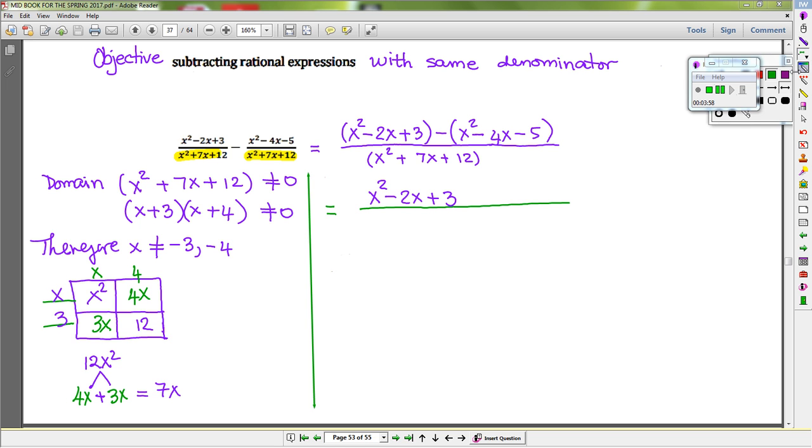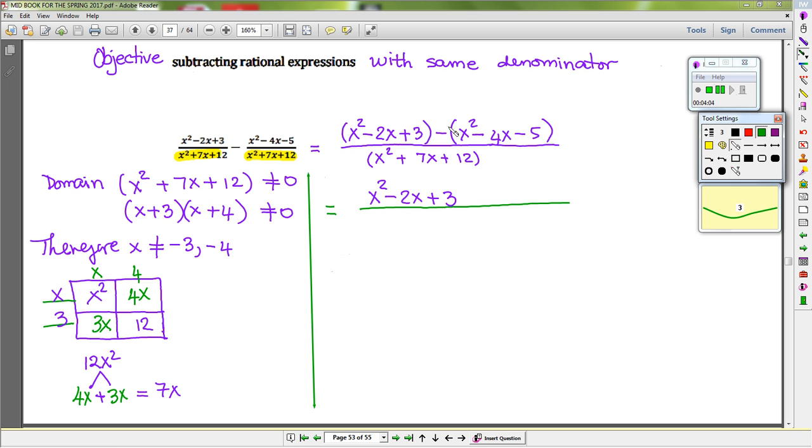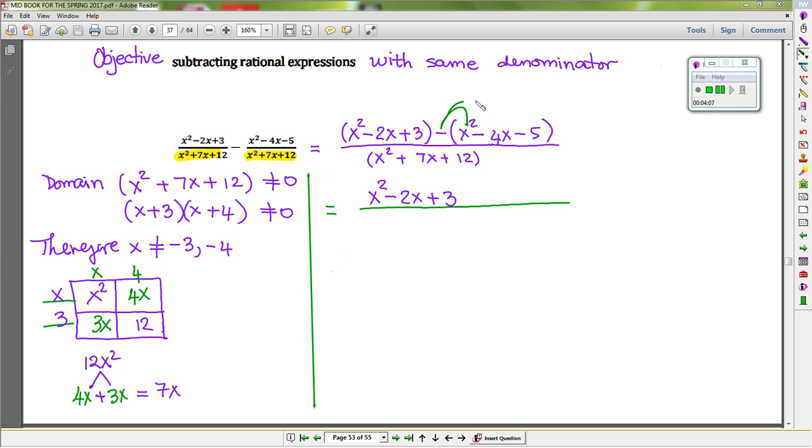Now when you remove the parentheses, it means that you will have to distribute negative 1 to each one of the 3 terms inside the second polynomial, or trinomial. So that will give us negative x squared plus 4x plus 5. And for the denominator, I'm going to write them down as factors. So we will have a factor of x plus 3 times x plus 4.